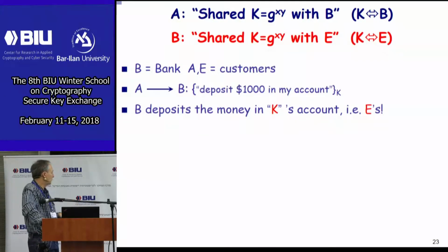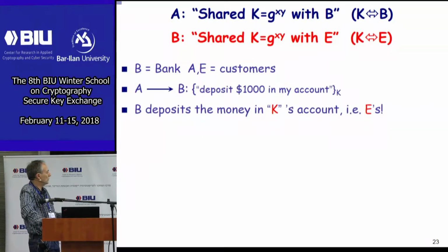Now if B is a bank and Alice and Eve are customers, if Alice sends to Bob a message saying deposit $1,000 in my account, and it comes encrypted and authenticated with K, the bank deposits the money to the owner of the key K, because only the owner of the key K can be giving this order.